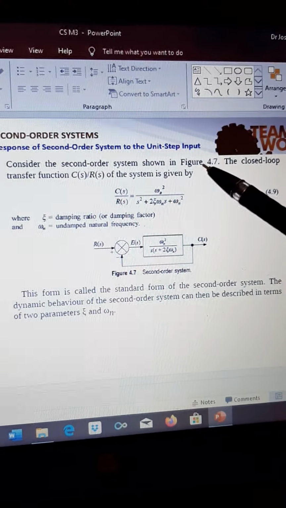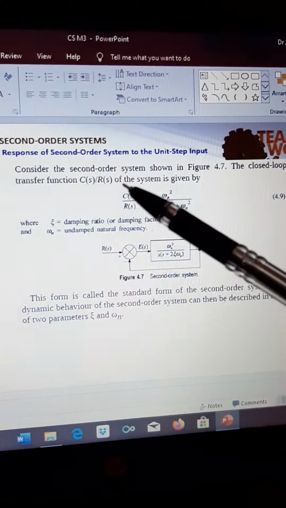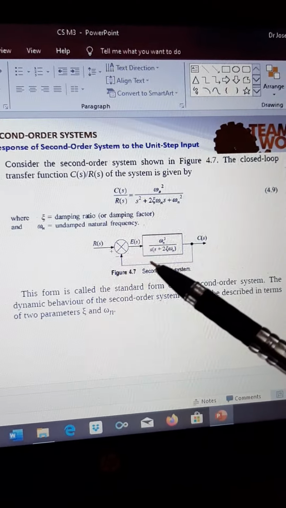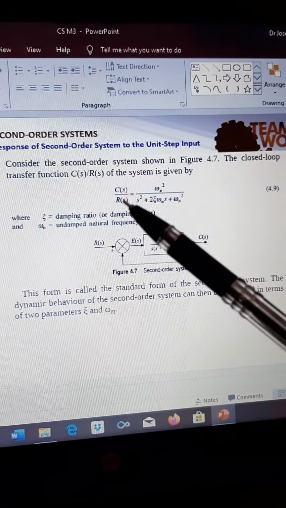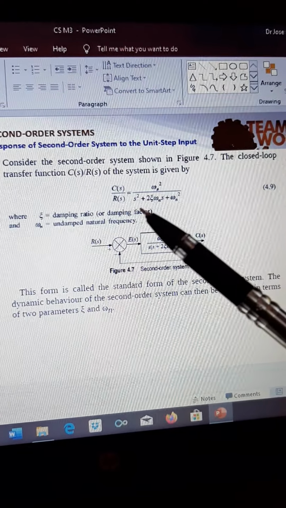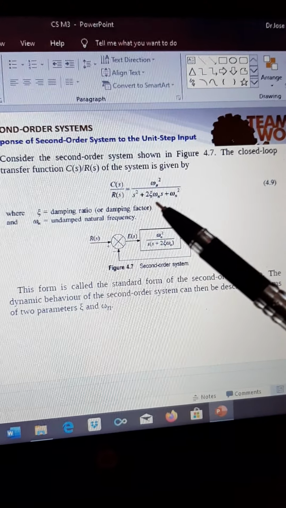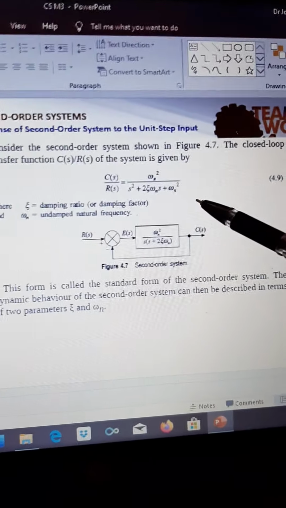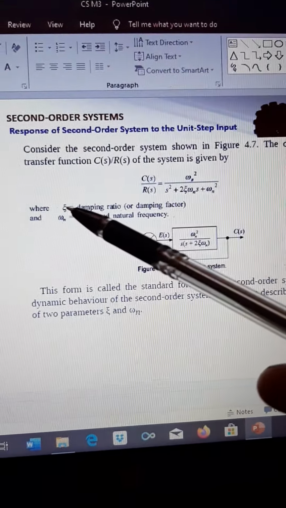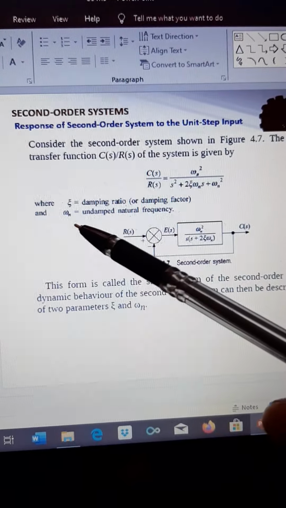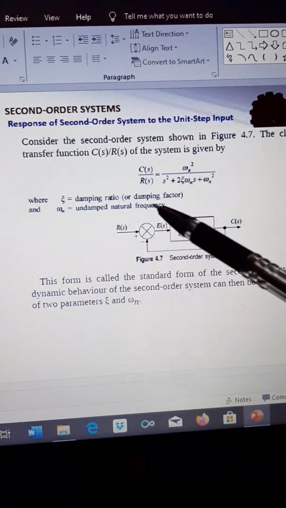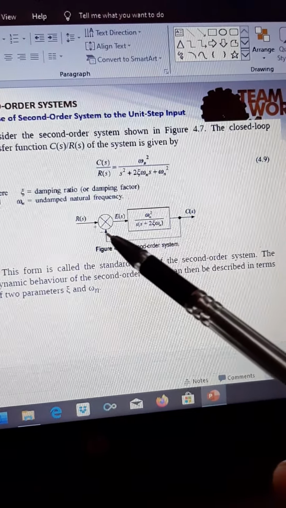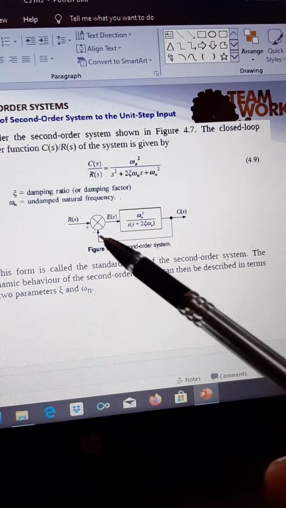Consider the second order system, whose closed loop transfer function C(s) by R(s) is given by omega n square divided by s square plus 2 xi omega n s plus omega n square, where xi is the damping ratio and omega n is the undamped natural frequency. So this is your transfer function.